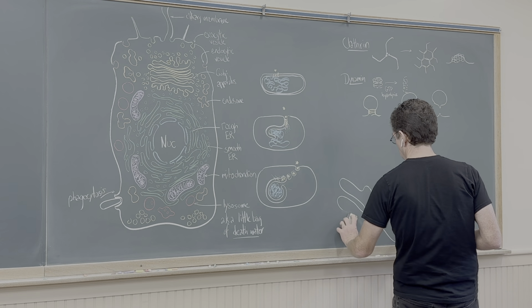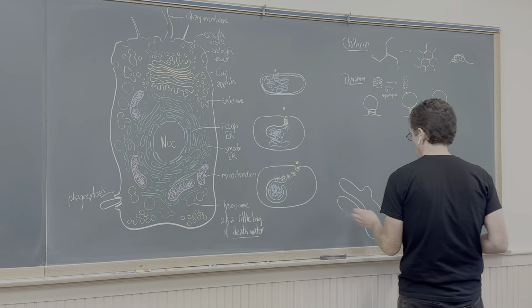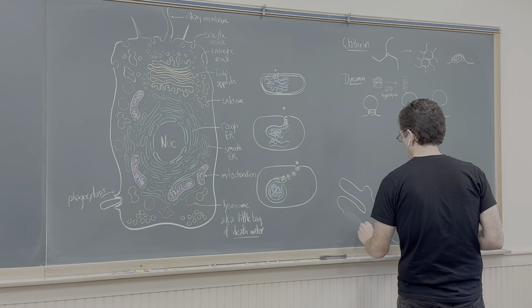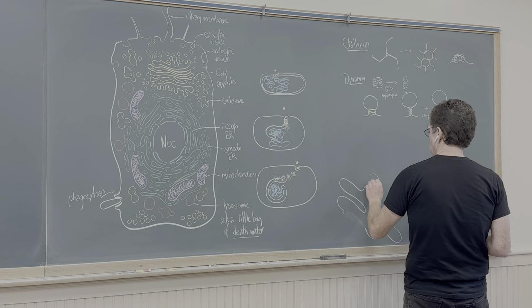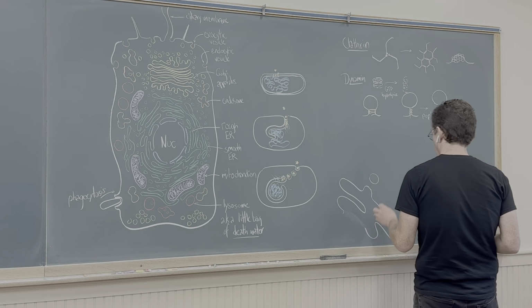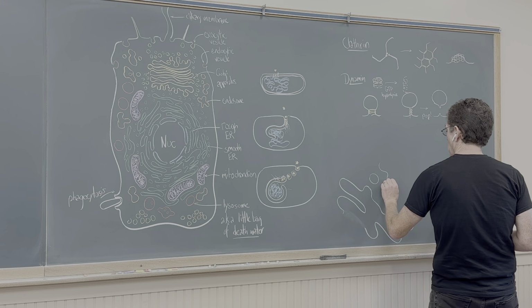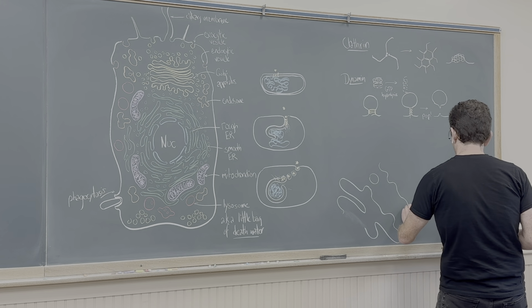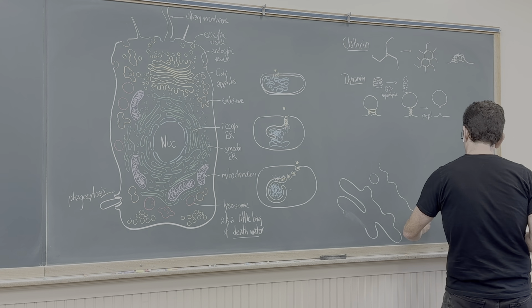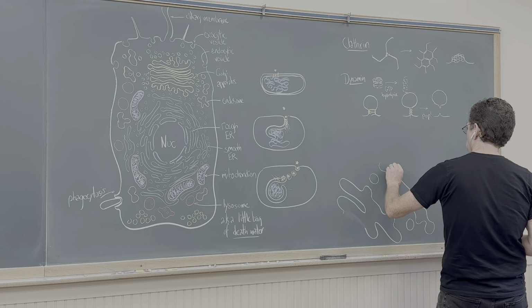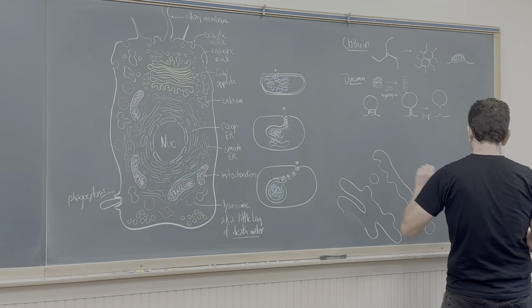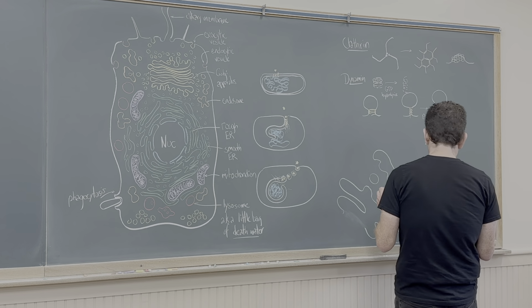Shouldn't close it off like that because, of course, the endoplasmic reticulum sort of goes on forever from the point of view of a protein. The immediate destination for most of the vesicles budded off from the endoplasmic reticulum is the Golgi apparatus.